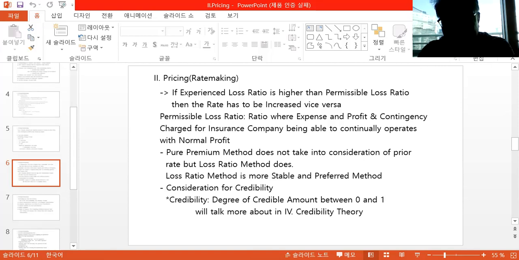If the ratio is higher than that, the company is losing money. If it's less than that, then the company makes too much money. So the permissible loss ratio is the ratio which the insurance company targets to meet.